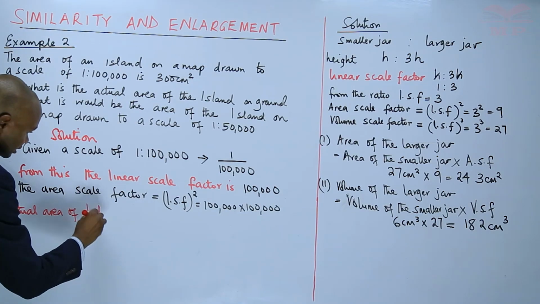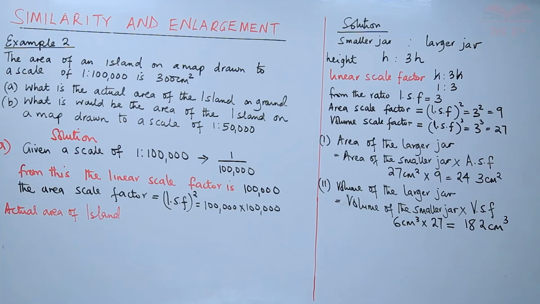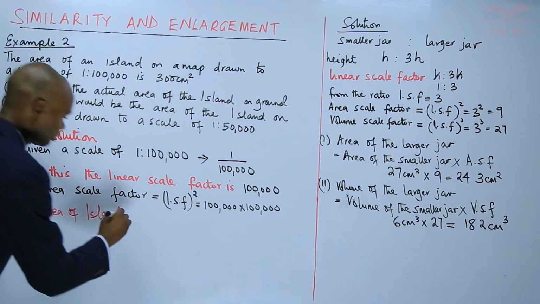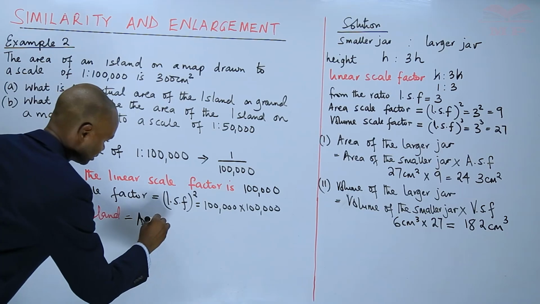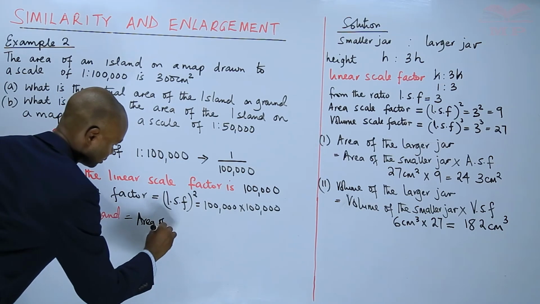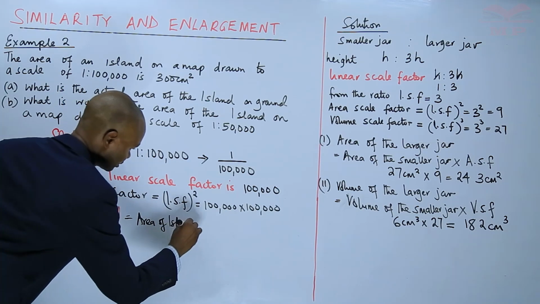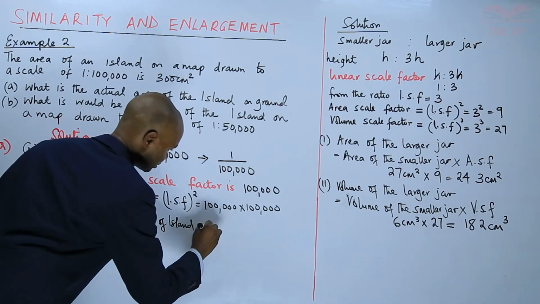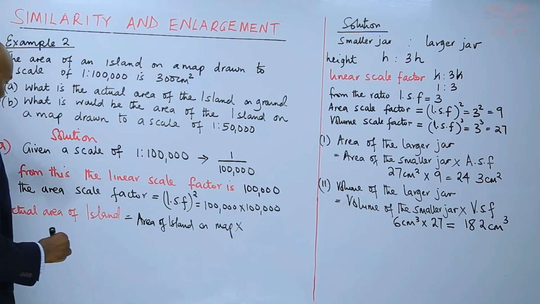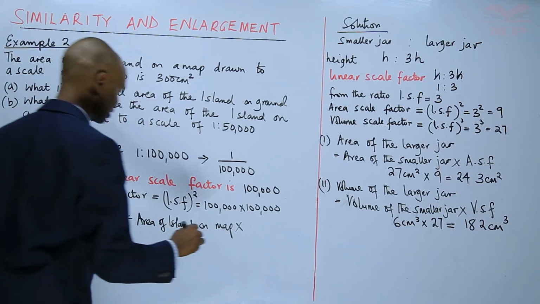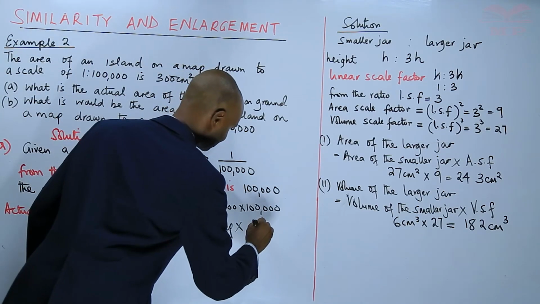I'm interested now in the actual area of the island, learner. So the actual area will be equal to the area of the island on the map times the area scale factor.